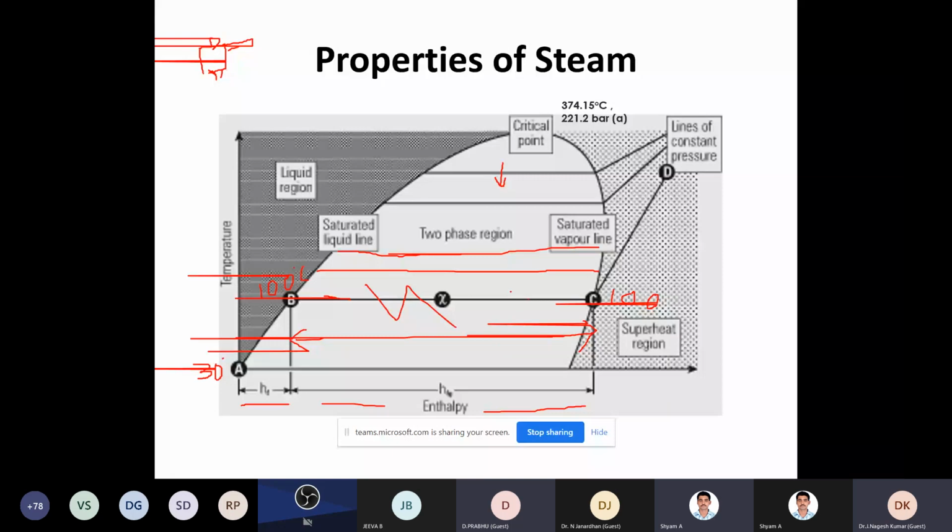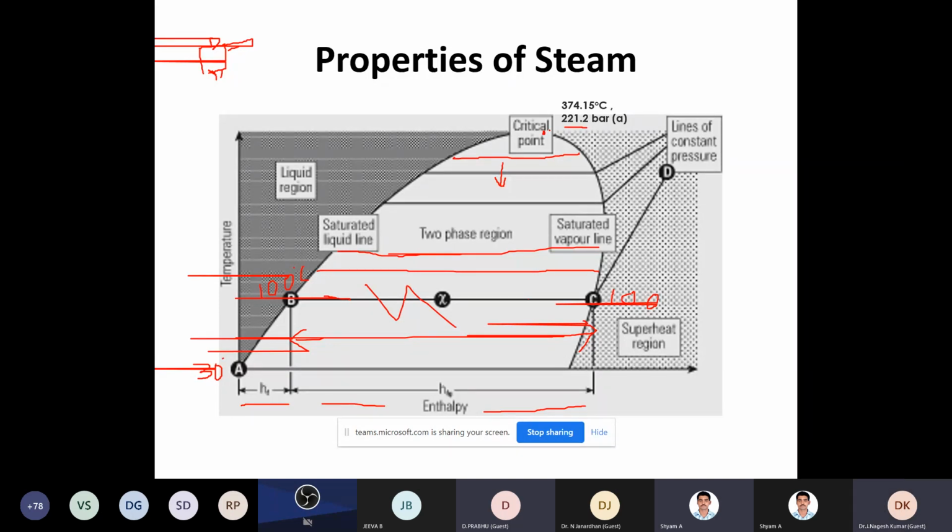Now, as you keep increasing the pressure, at one point the latent heat becomes zero. From the shape of the curve, you see, you keep on increasing the pressure. So it reaches 200 bar and at 221.2 bar to be exact, the steam reaches a state called the critical point where the latent heat is zero.